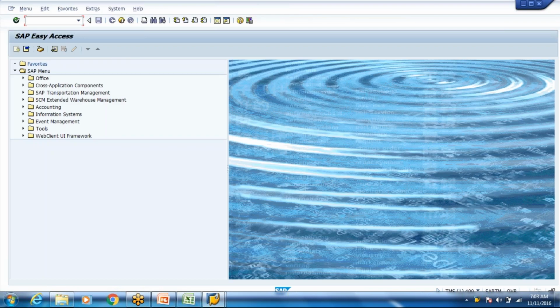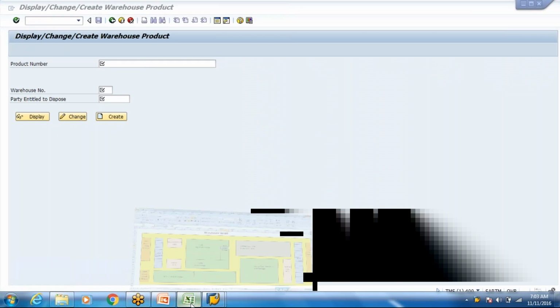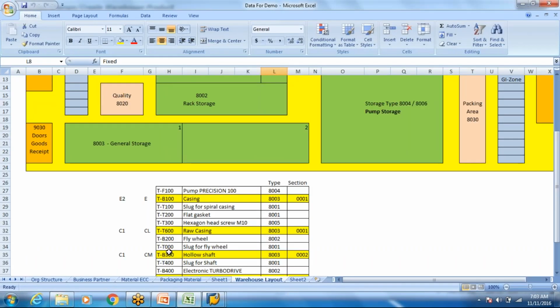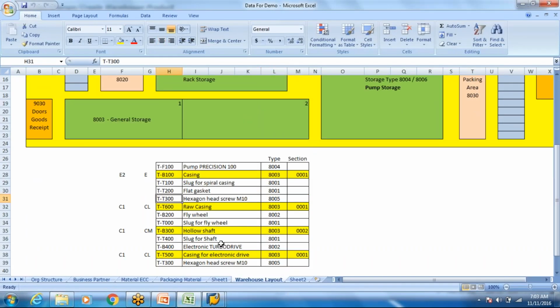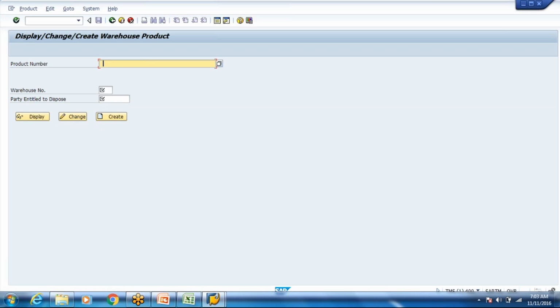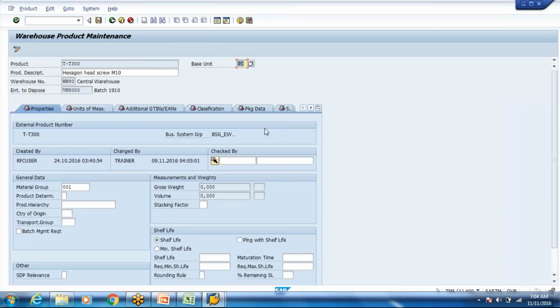Okay, so first I'm just going to show you that this product, which is T300, which we are going to take now, is going to go into storage type 8005.